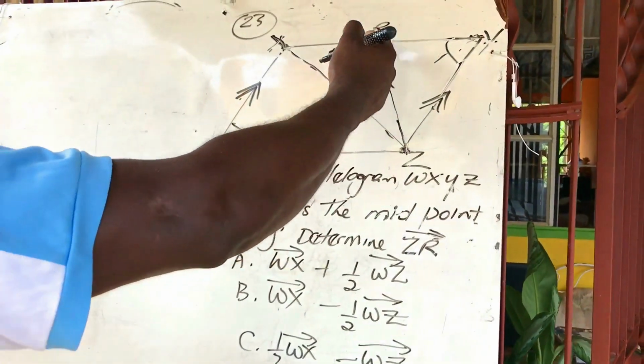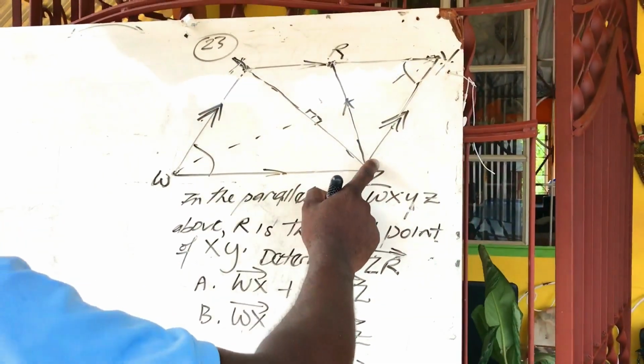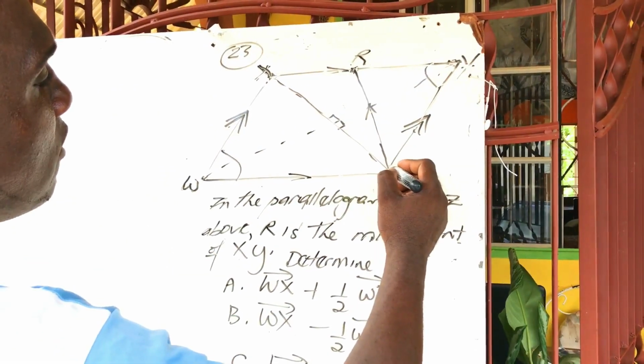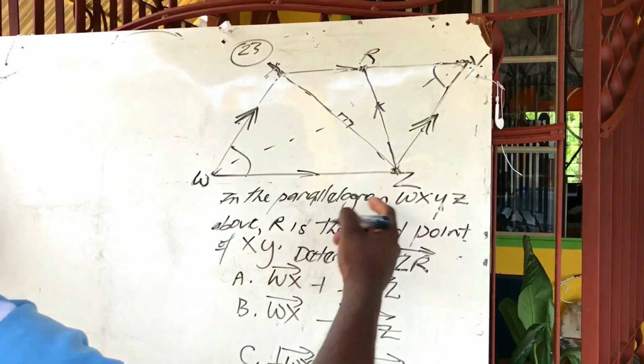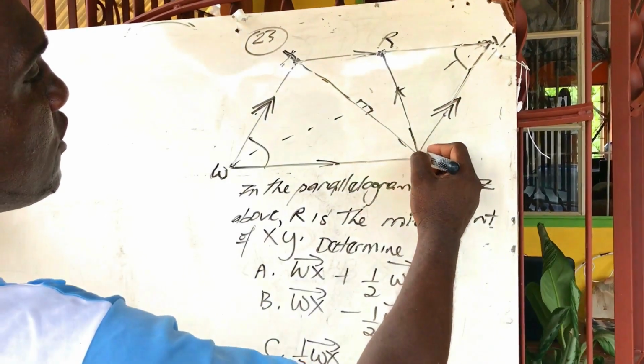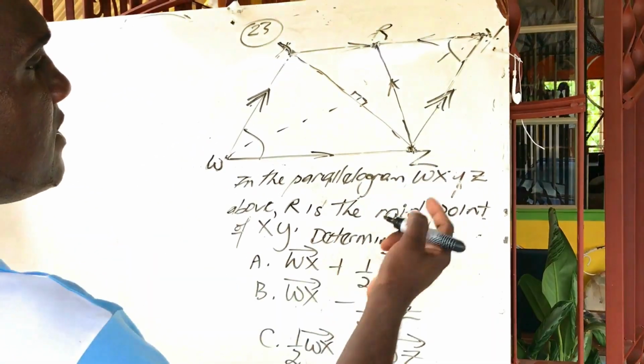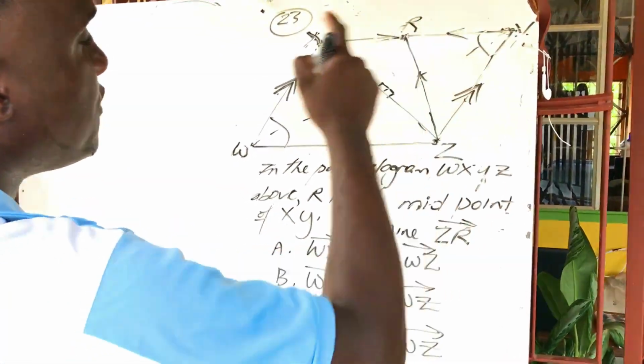But then we don't have a definite way of going from Z to R. So what you have to do is go all the way around here, which is the alternate route. So we go from Z to Y and from Y to R. So we'd go in this direction, Z to Y and Y to R.